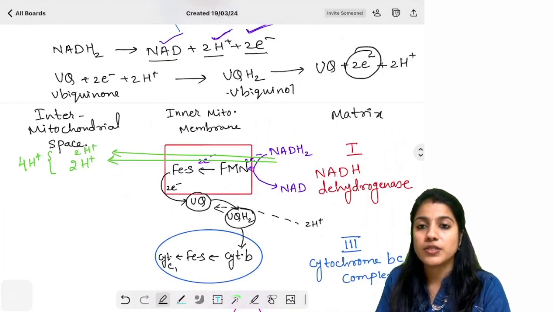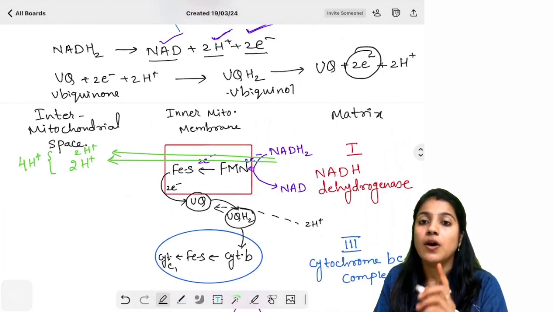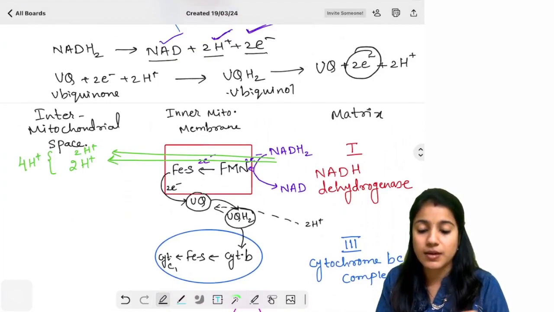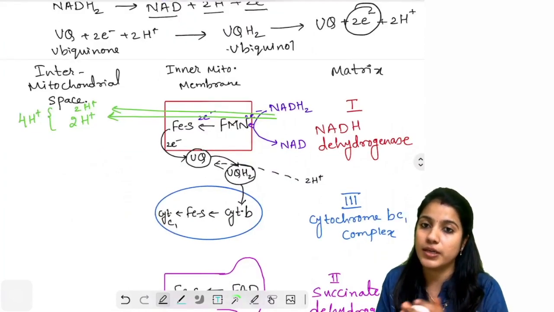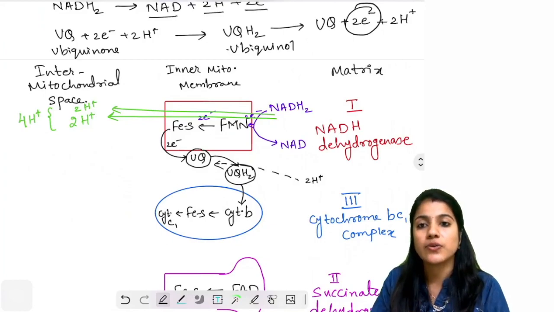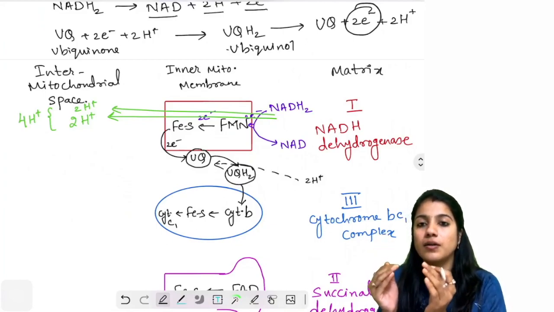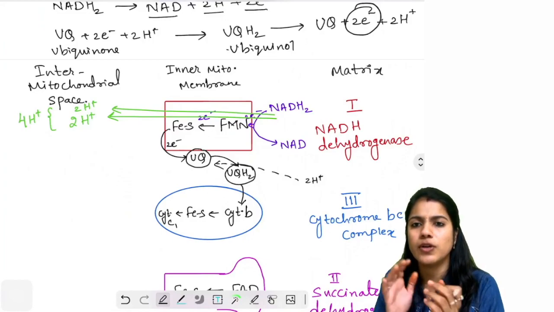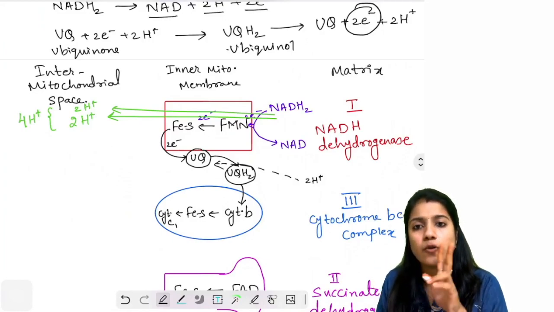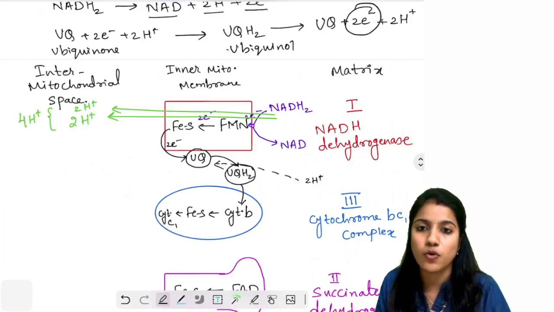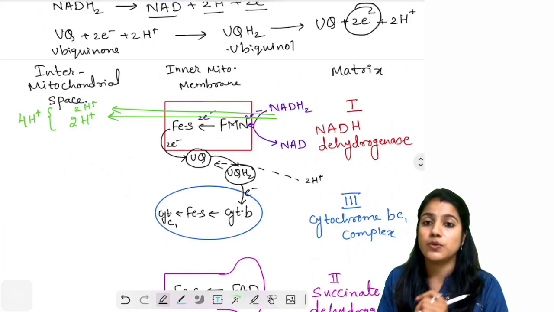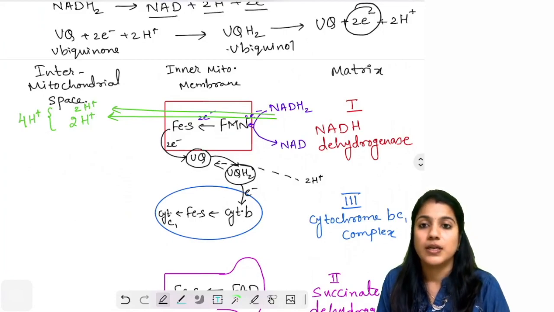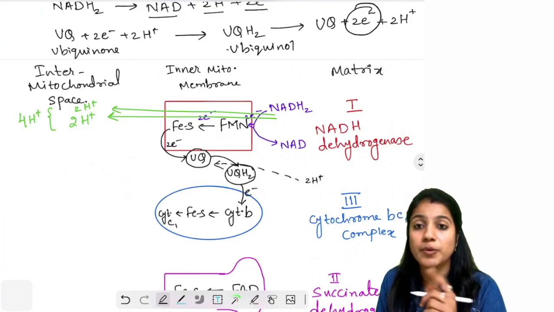We got 2 electrons, but rather than 2, only one will be transported ahead. Why? Because 1 electron will be kept by ubiquinone for its maintenance. So out of 2 electrons, only one will go further. So 1 electron will be donated to the cytochrome B molecule. Fine. Now, what about protons?